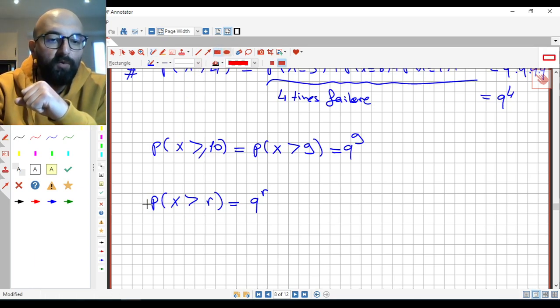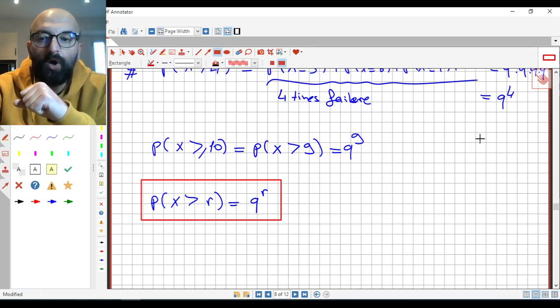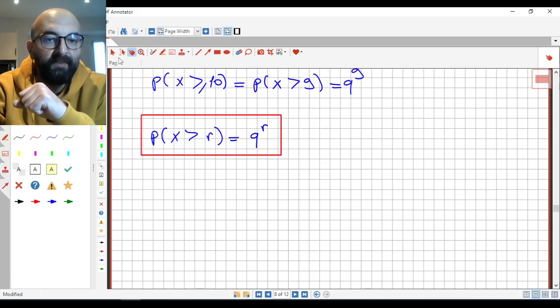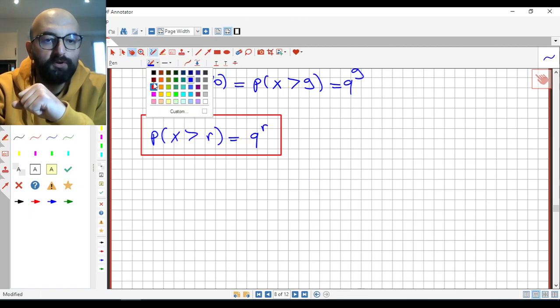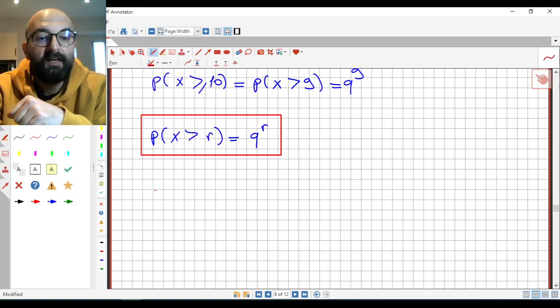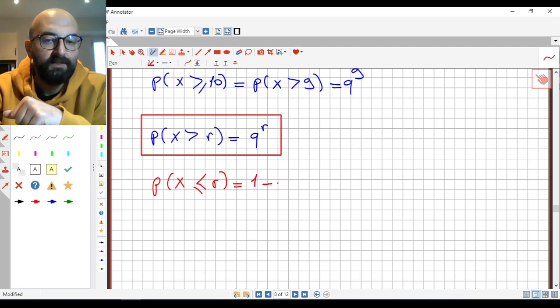And now we learned two things. Firstly, in the geometric distribution, if we are looking for the probability of x less or equals than r, it means 1 minus q to the power of r.